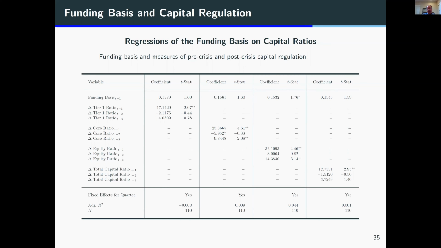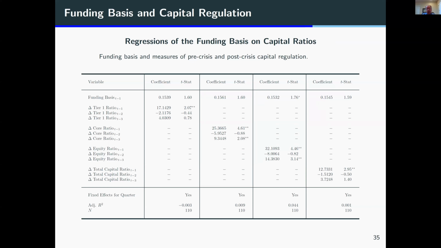Banks have strong incentives to leverage, so when they're increasing their capital ratios, it must be because they're being forced to do it. I think it's a reasonable assumption, but bear in mind, we are making that assumption. So if the tier 1 capital ratio goes up, relative to risk-weighted assets, then it's because they're more constrained, and therefore the funding basis should go up. So in that interpretation, increases in capital ratios should be associated with an increase in the funding basis.